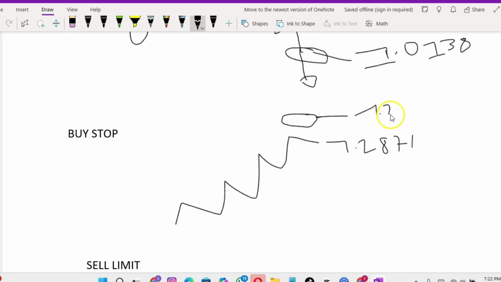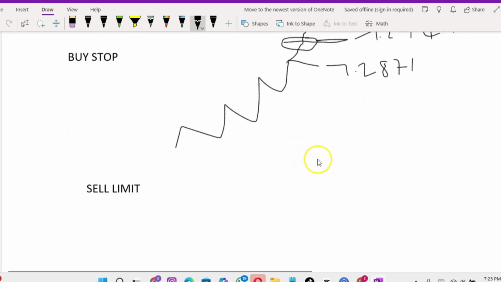It can be 1.2941. We are just estimating. Now you place a pending order around this price, so that if the market should get to this level, it's going to trigger this order and a buy trade is going to be open. So that's for buy stop.